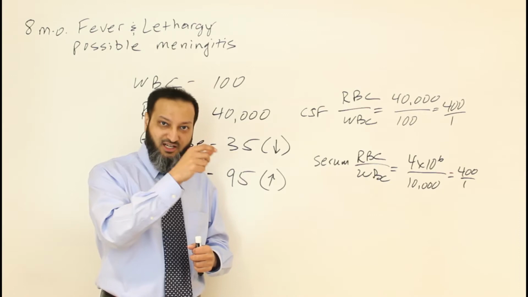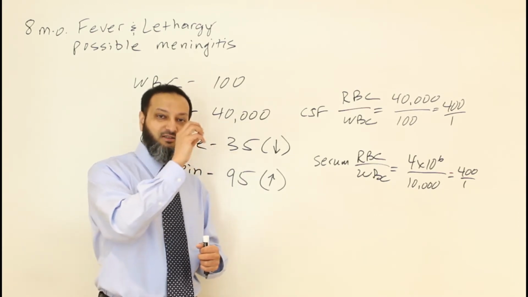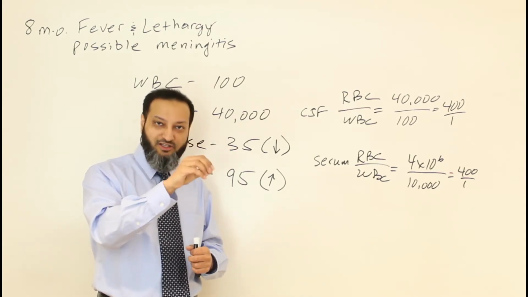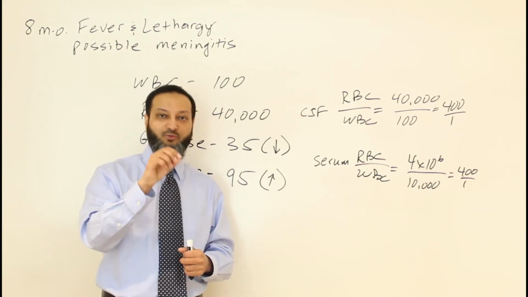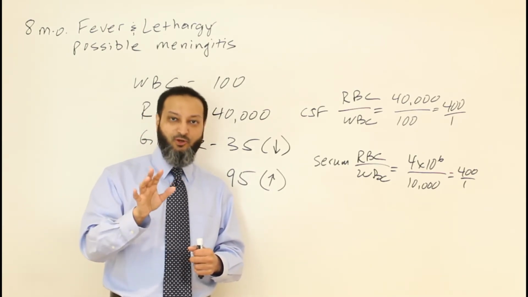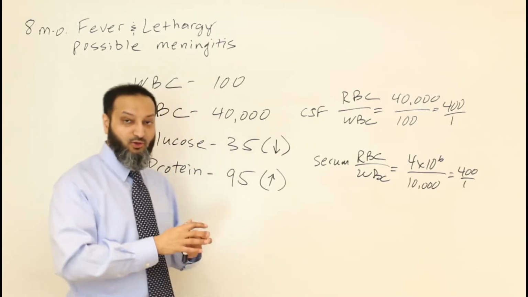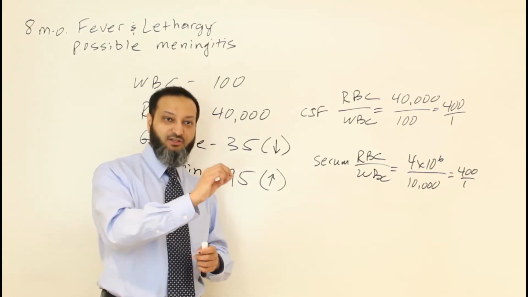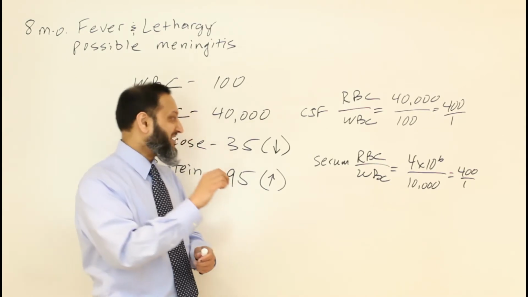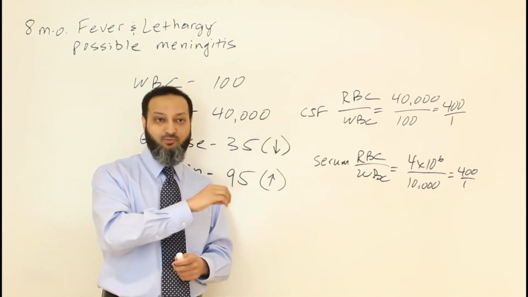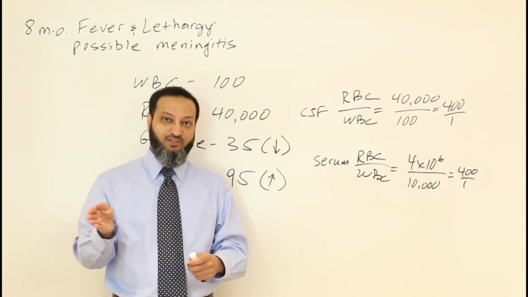And as you're looking at the tubes, you should see the bloody tap become more clear with your second tube and your third tube, and by your fourth tube, it should be almost clear, right? Because you went through a blood vessel in the skin as you entered into the spinal fluid, and that's what caused the bloody tap and the traumatic tap. So the first tube will have the most blood, and that should clear up with subsequent tubes.